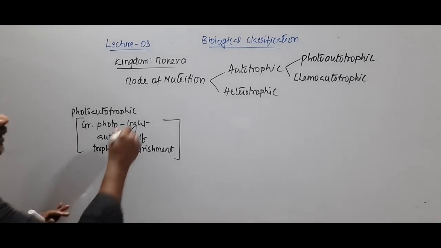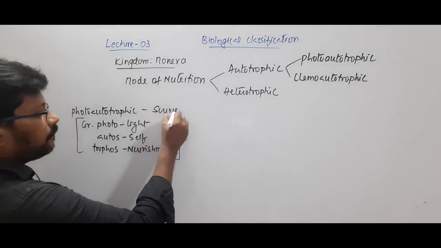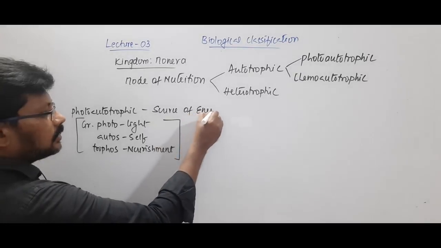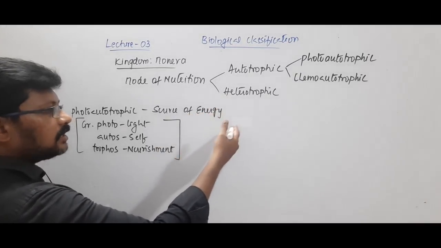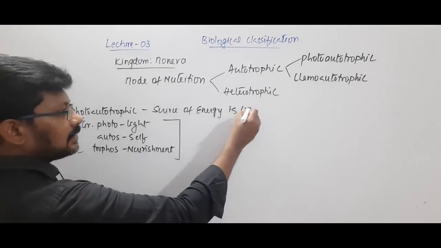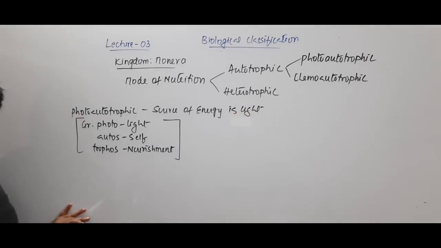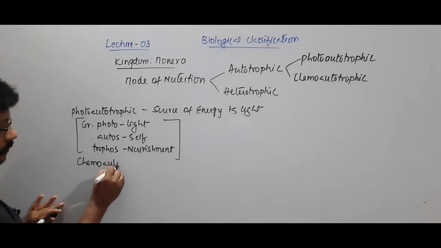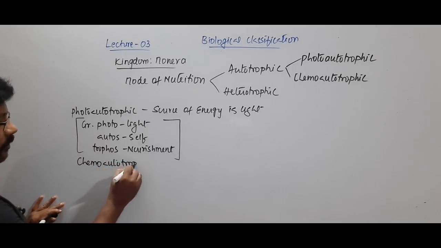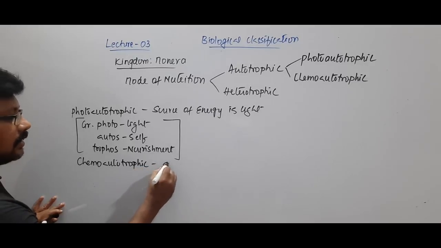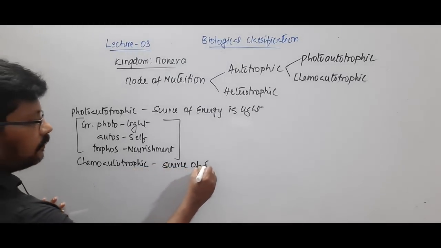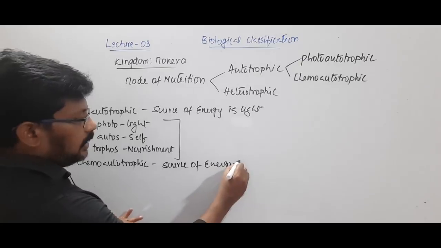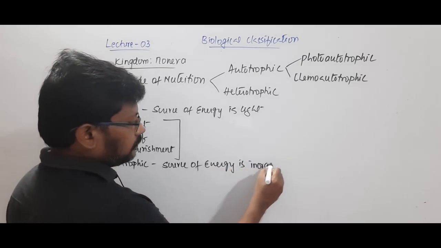Here the source of energy for preparing the food materials is light. Coming to chemoautotrophic, here the source of energy is inorganic compounds.